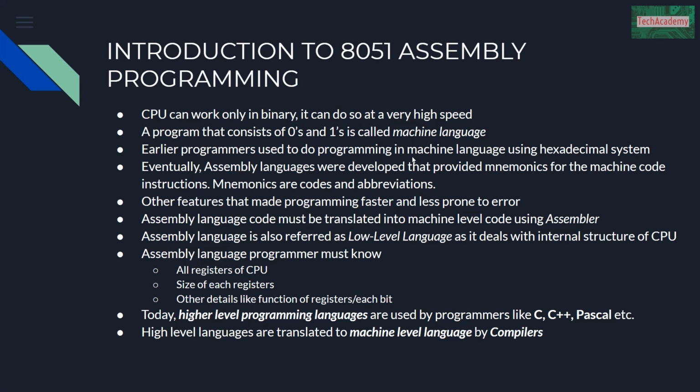So this was the earlier system which programmers were using. Of course, the way I am explaining it now seems difficult, how to decode 7410, but in earlier times programmers were using this machine language for programming.